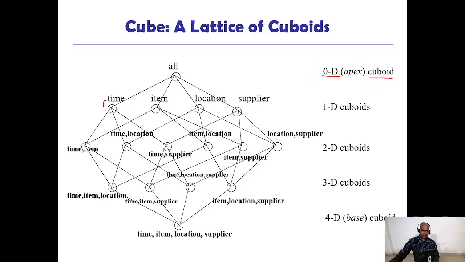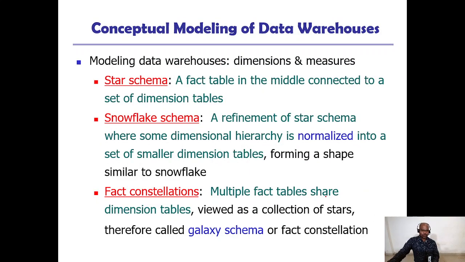The dimension of these is 1, so these are called 1D cuboids. Like that, the dimension of these is 2, so these are 2D cuboids, and the dimension of these is 3, so 3D cuboids. Here it is 4, so 4D cuboids. Like that, we represent a lattice of cuboids.